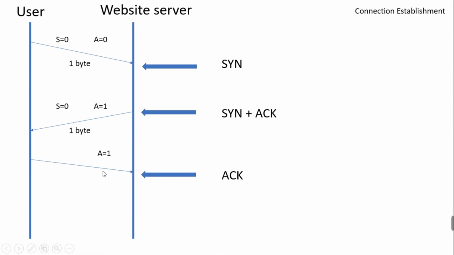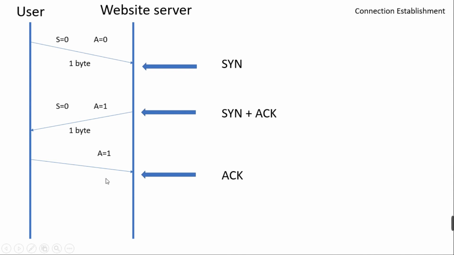We have seen a few minutes ago, in our previous slide, that the synchronization flag should only work whenever the first packet is sent from one side to the other. But this packet right here is not the very first packet from user to server. We have actually sent a packet before right here.